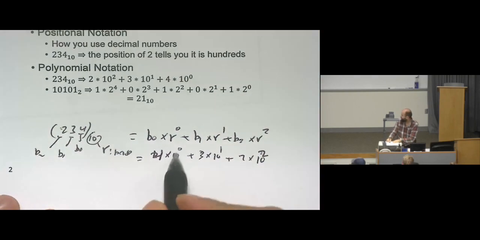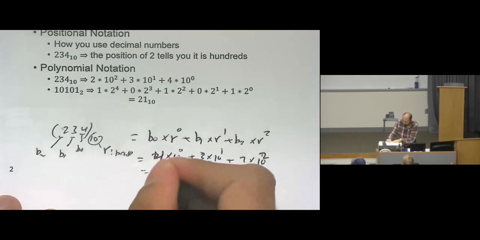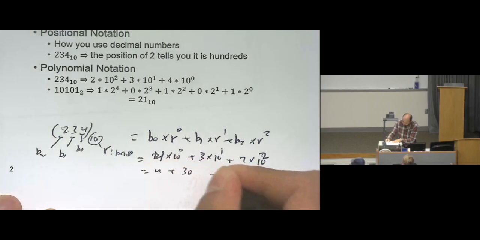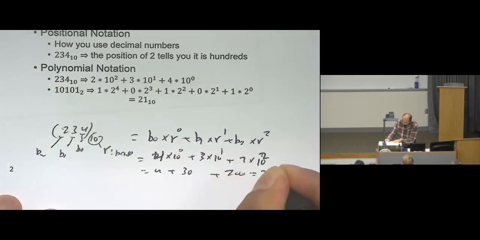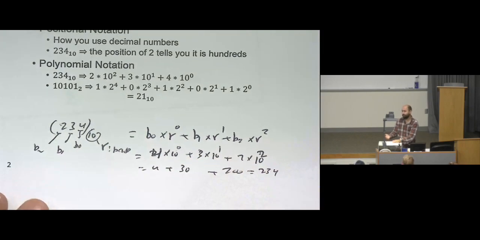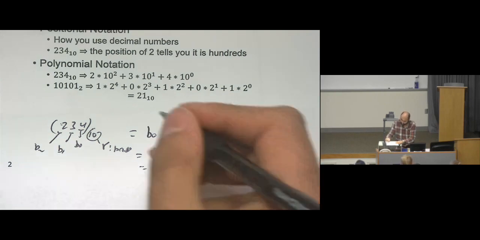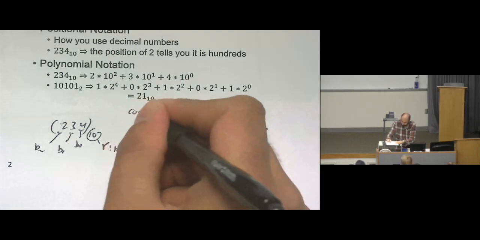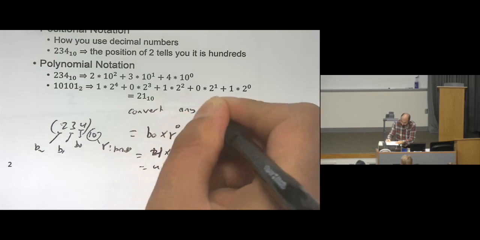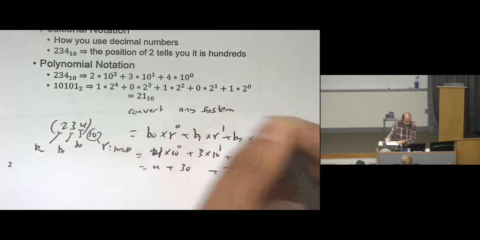Then 4 plus 30 plus 200, which is 234. It's the same number that we know. Basically, I'm converting any number from any base to decimal. So here, convert any system to decimal.